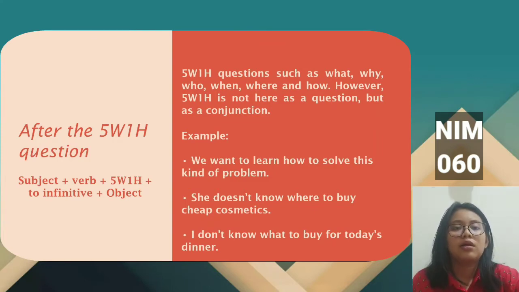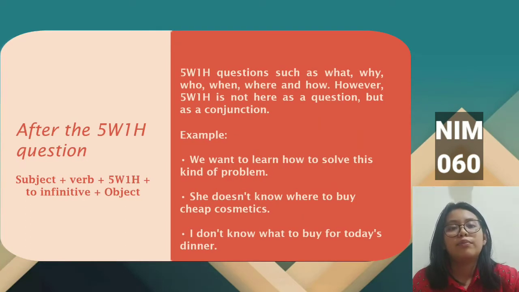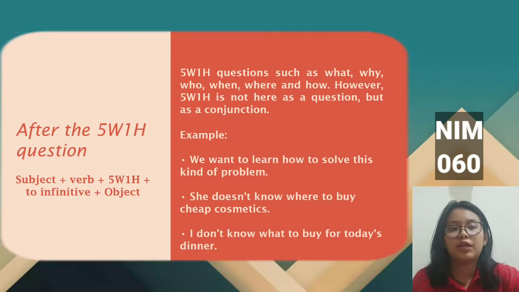Example: we want to learn how to solve this kind of problem. She doesn't know where to buy cheap cosmetics. I don't know what to buy for today's dinner. The pattern is subject plus verb plus 5W1H plus to infinitive plus object.